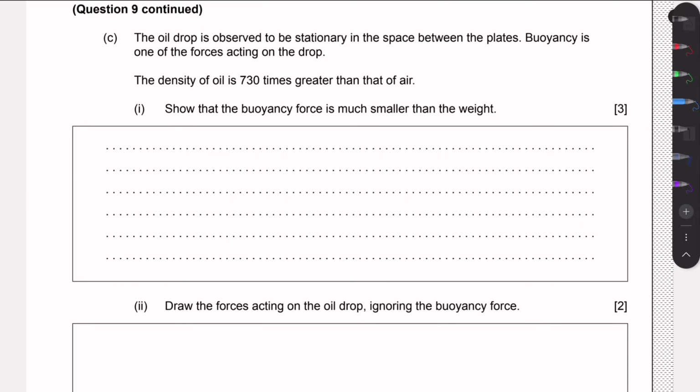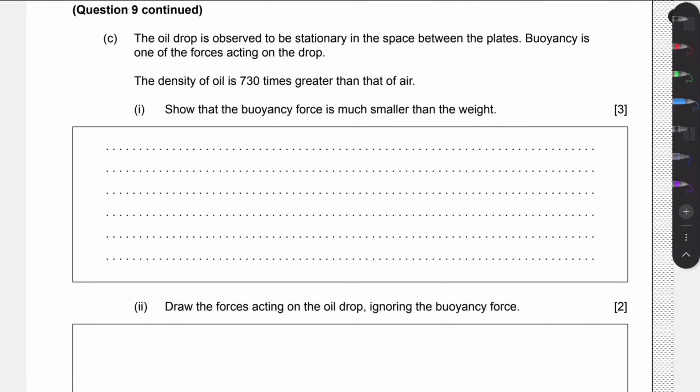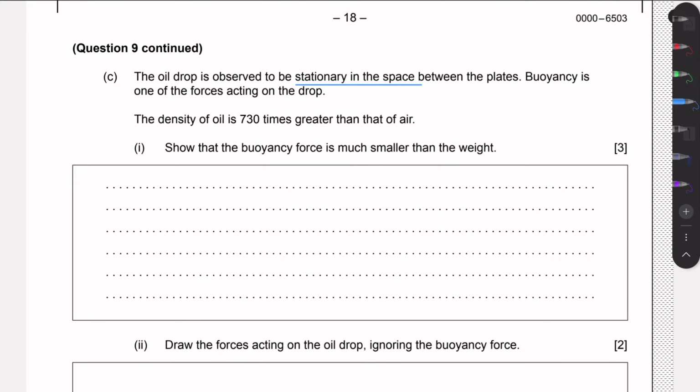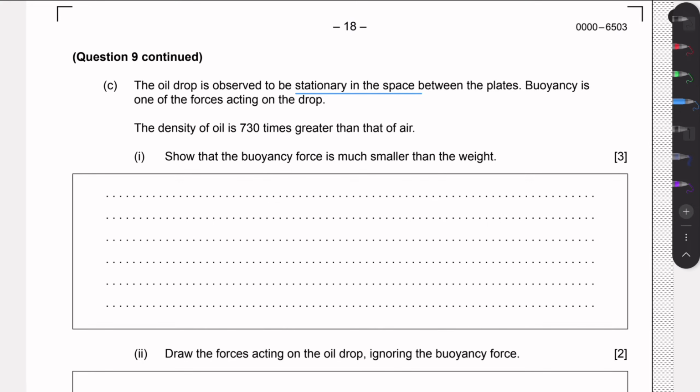And then we have this oil drop stationary between the plates, and we have buoyancy on the drop, and we're also told that the density of the oil is 730 times greater than that of air. We need to show that the buoyancy force is much smaller than the weight. So we need to remember some formulas here.